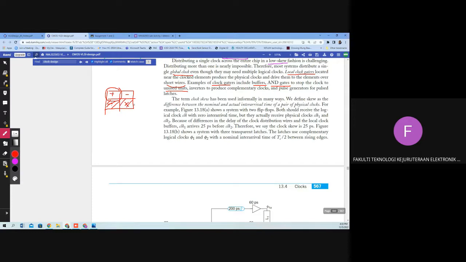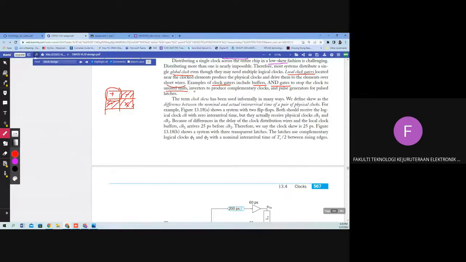We don't supply the clock to these 3 regions, only to this region. So we save a lot of power when we stop the switching. Why stopping the clock reduces power, we will discuss in detail under the topic of power.